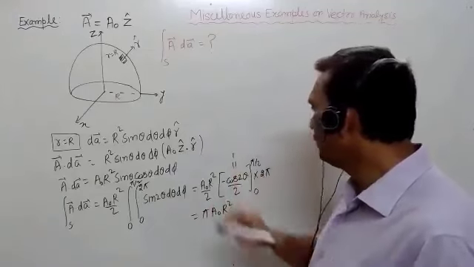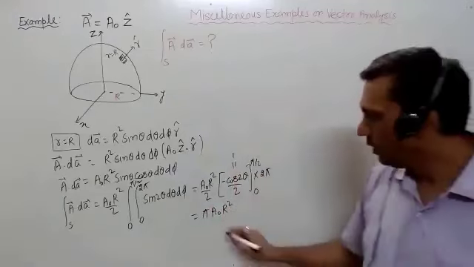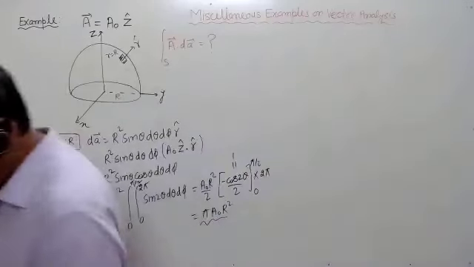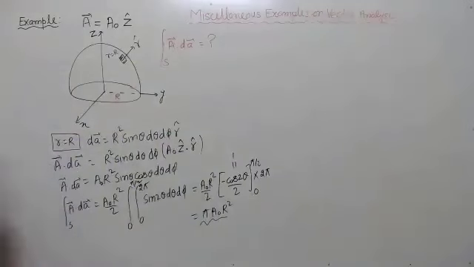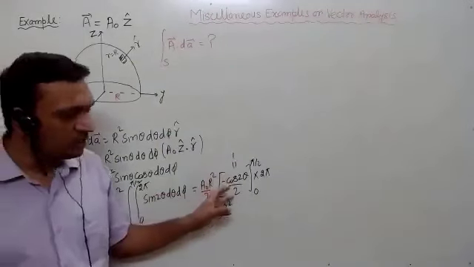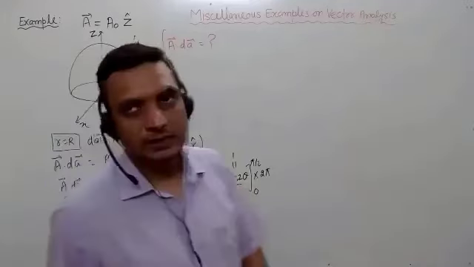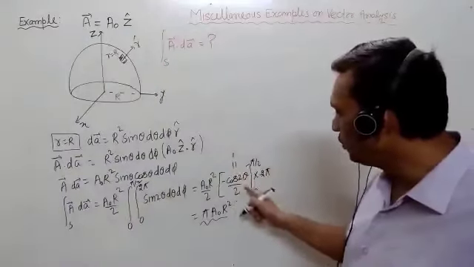This value will be 1, so you will get pi A naught R square. Sir, it's a negative value? No, positive value, because cos pi is minus 1. If you put theta equal to pi by 2, the 2 will cancel out.